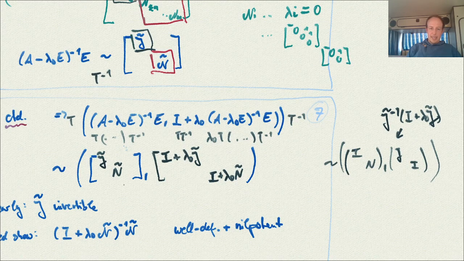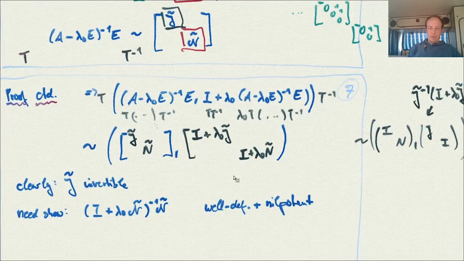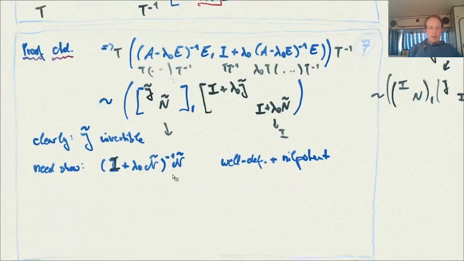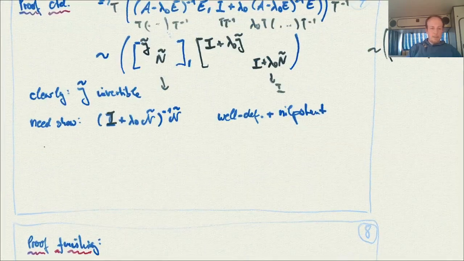And for this side, what we will show is that we can apply identity plus lambda 0 N tilde to the minus 1. Then this will become the identity. But what we will need to show is that what stays here, namely that this is a nilpotent matrix. And also we first have to think about whether this is invertible. But that's the easiest step of what follows.